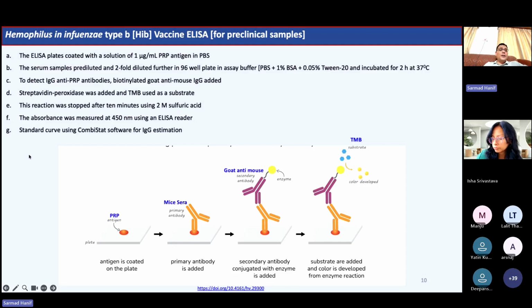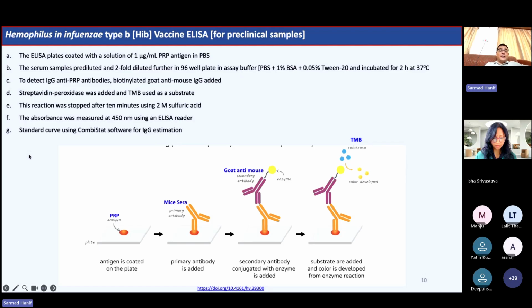Then to detect the IgGs, anti-PRP antibodies, I already told you why this is known as IgG anti-PRP. You have biotinylated goat anti-mouse IgG added. And then it is having this secondary antibody. As I told you, it is having the peroxidase enzyme.